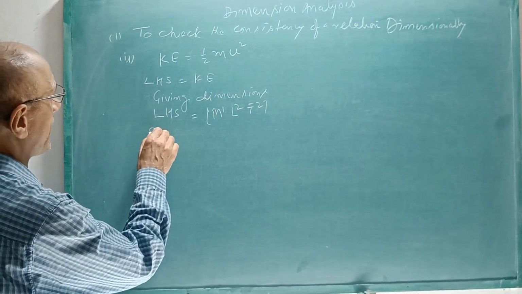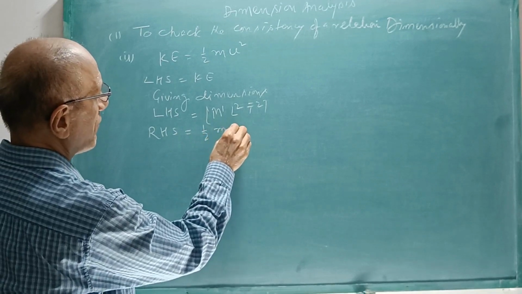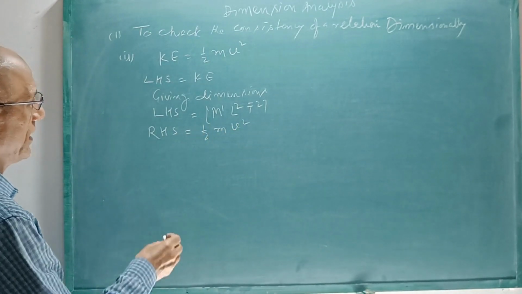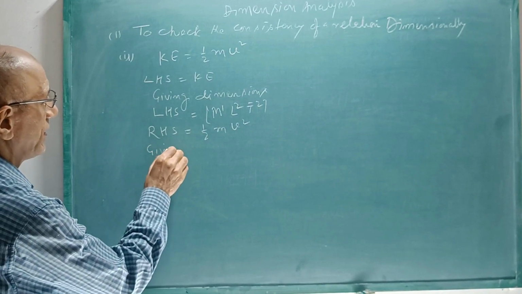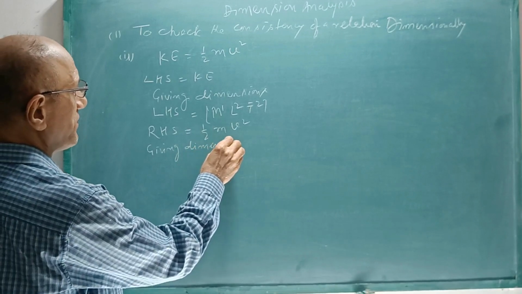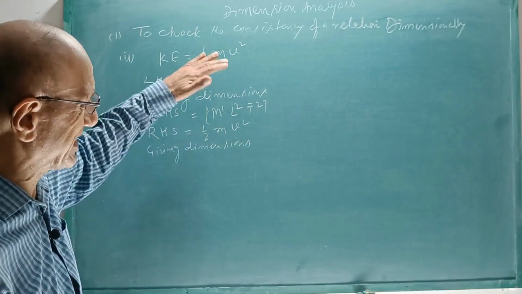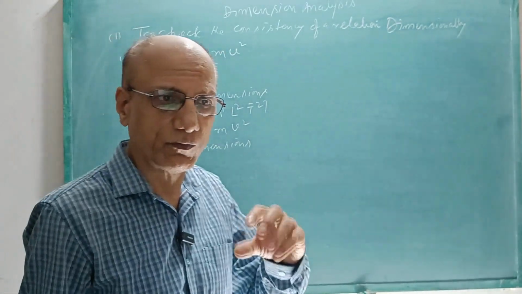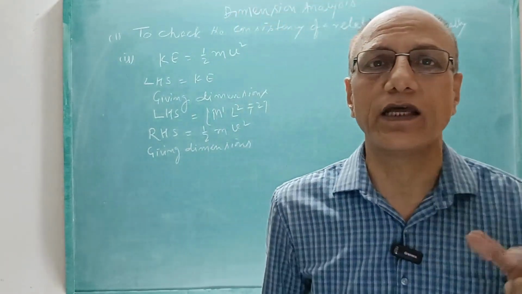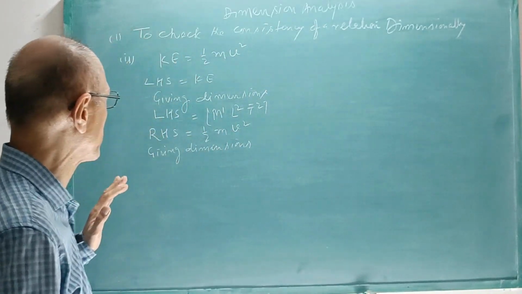Now the right hand side is half mv square. So giving dimensions again, you have to follow the same steps, and if you do it step by step, then you will not commit any mistake. Your question will become absolutely correct.